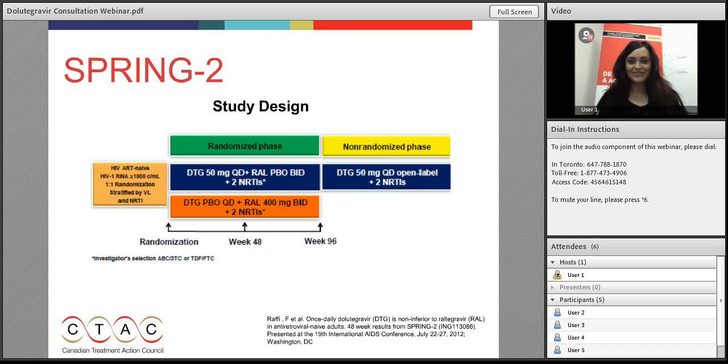And both the dolutegravir and raltegravir arm were studied with either Convexa or Truvada as the backbone. And the drug choice of whether selecting Convexa or Truvada was subject to the investigator's discretion. And from the clinical trial data, 40% of investigators selected Convexa, while 60% chose Truvada.